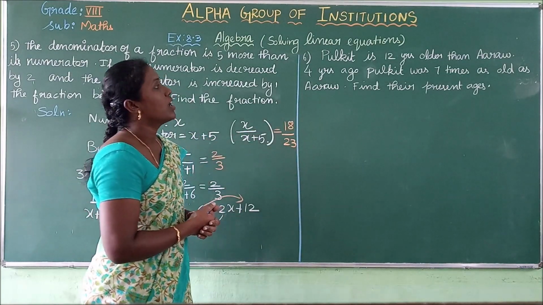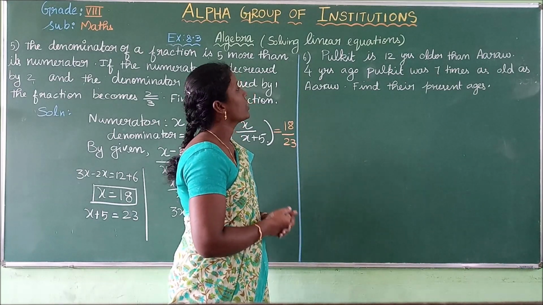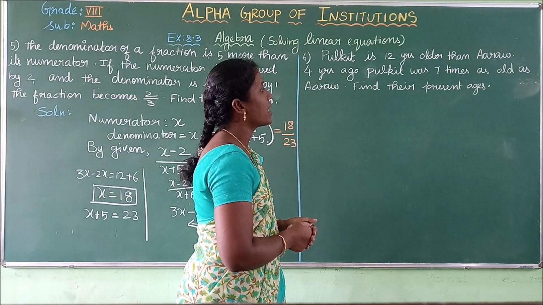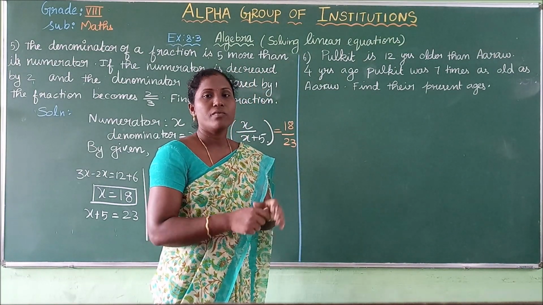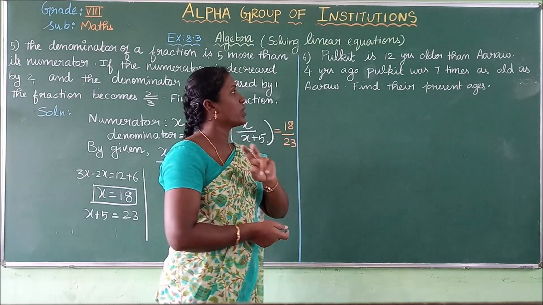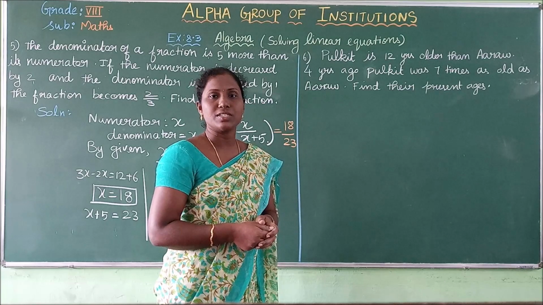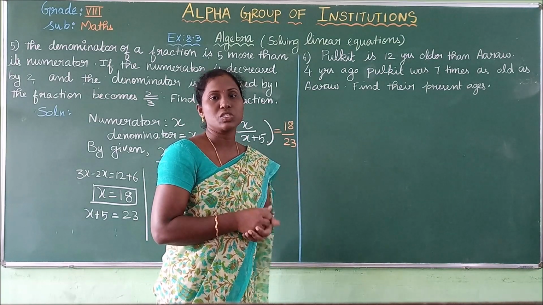See here, Pulkit is 12 years older than Arav. 4 years ago, Pulkit was 7 times as old as Arav. Find their present ages. Two persons are there, one is Pulkit, the other is Arav. We have to find their present ages, but the relationship between the ages is given in this question.